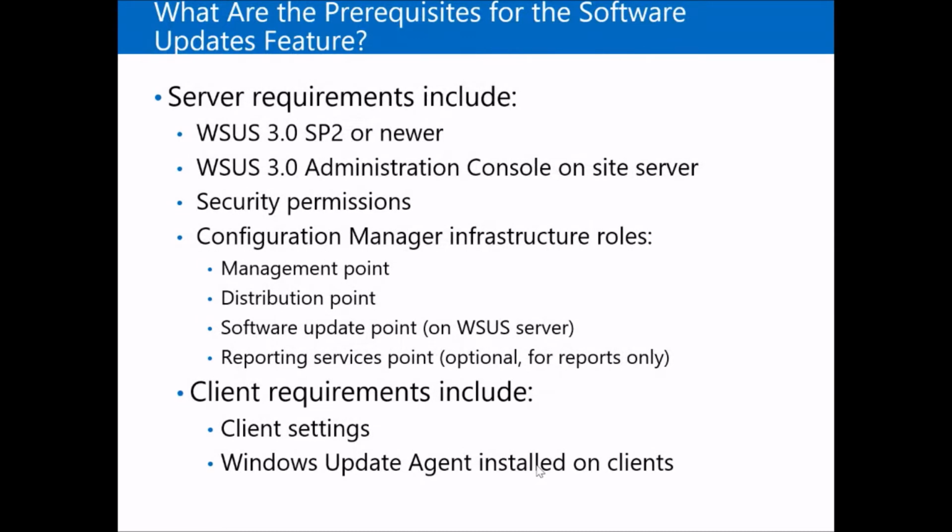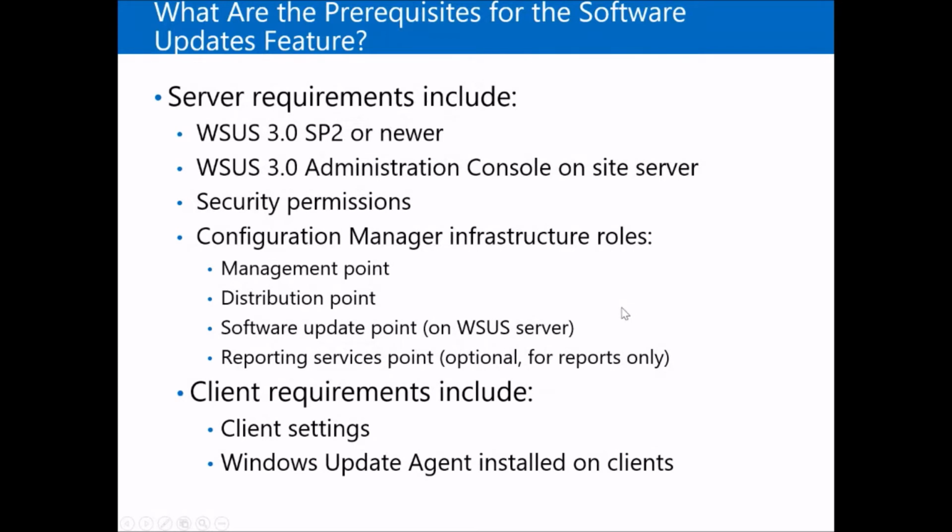So what are the prerequisites for a software update feature? So here it is. These are the things you have in place. Like I said, SCCM is a suite of software. All these things have to be working in order to get this functionality. So we need WSUS 3.0 SP2 or newer. We need the administration console 3.0 or newer. We need the right security permissions to be able to manage this.